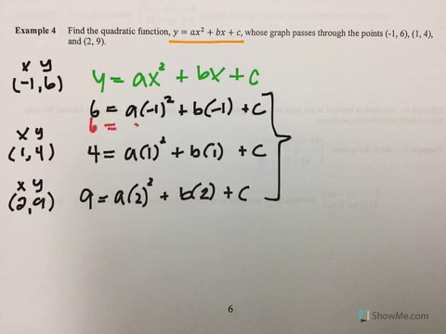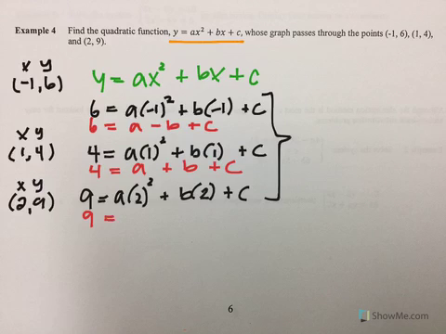This is 6 equals a minus b plus c, and this is 4 equals a plus b plus c, and this is 9 equals 4a plus 2b plus c. One thing you'll notice is that all the c's will always have a coefficient of 1. So it's pretty easy to solve for c or eliminate c. But I actually think in this problem that it's pretty easy to eliminate b, since in these 2 equations, the b's have opposite signs. So I'm going to put those together.